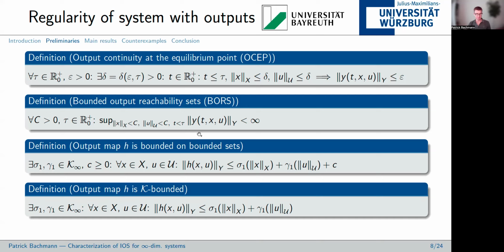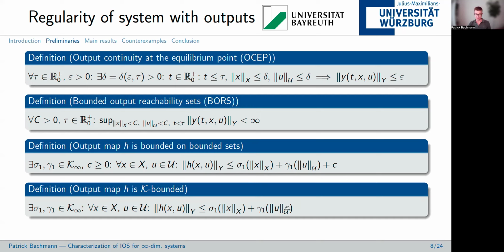So we say that the output map H is bounded on bounded sets if this map H can be bounded by a function that is growing in the initial state and is growing in the input, and some constant C. And we even say that it's K-bounded.